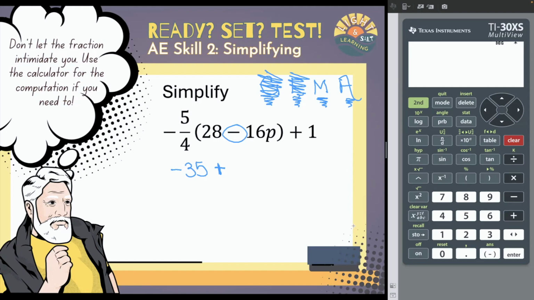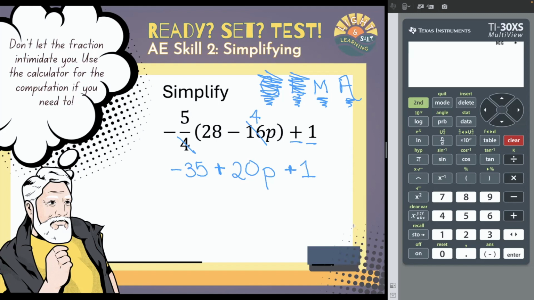And then I will divide by the 4 first. So dividing 16 by 4, I get 4. And then 5 times 4 is 20. But this time I had a p, so I'll have a p stuck on. And now, of course, this +1 is out of the grouping, so it's not involved in the multiplication. So it's just still there chilling.